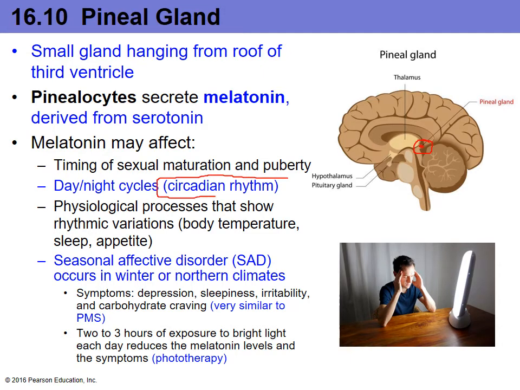So it is going to help us regulate our day and nighttime cycles, and it does so by secreting serotonin and melatonin. And the way it's going to work is that serotonin is usually secreted at higher quantities during the daytime, because that is when we are the most active. So that's when we're going to school, that's when we're going to work, that's when we're taking care of our business and doing everything else.